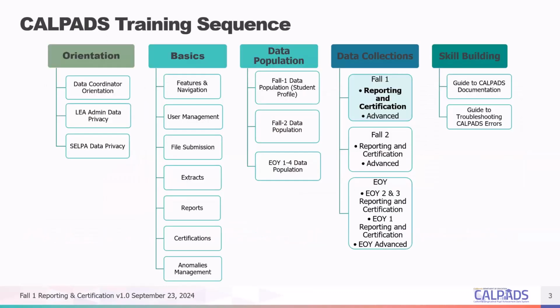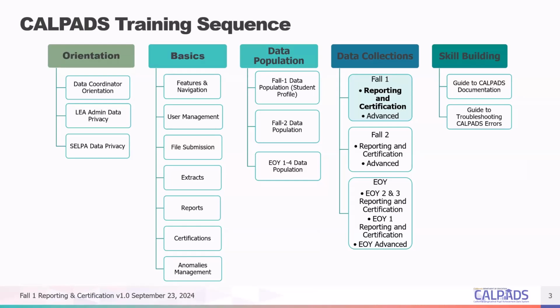The CalPADS training sequence, from left to right, we have orientation. That's the introductory basics of what CalPADS is. You see a lot of data privacy. Then you have the basic functionality set of courses, so you should be familiar with that.